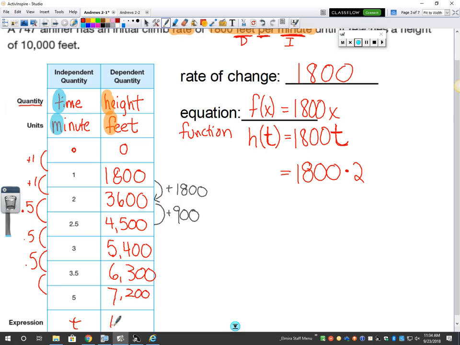Your output is 1,800 T. All of the values above that in the chart could be found by taking 1,800 and multiplying it by the input. So this 7,200 could be found by taking 1,800 and multiplying that by 5. And that would give me my output of 7,200.